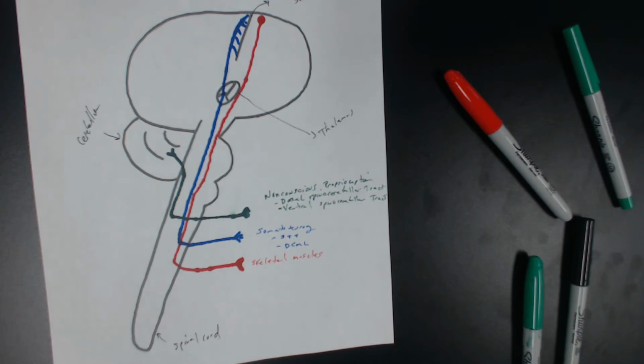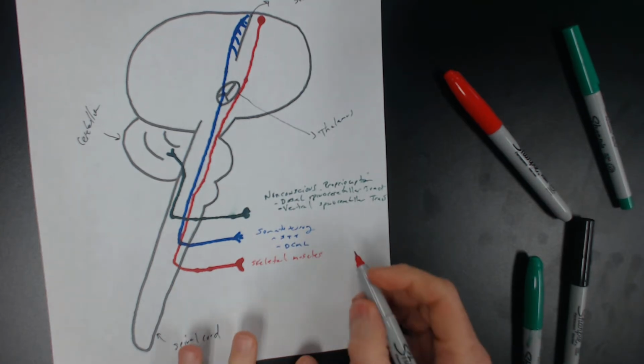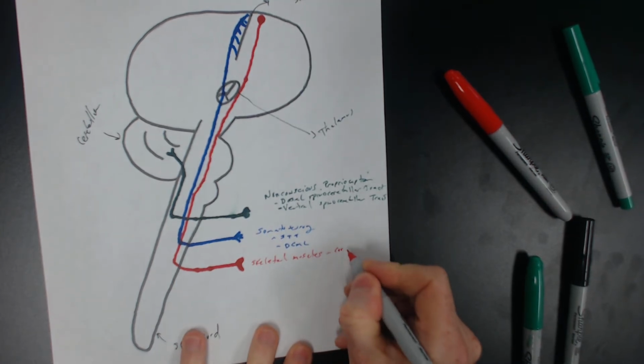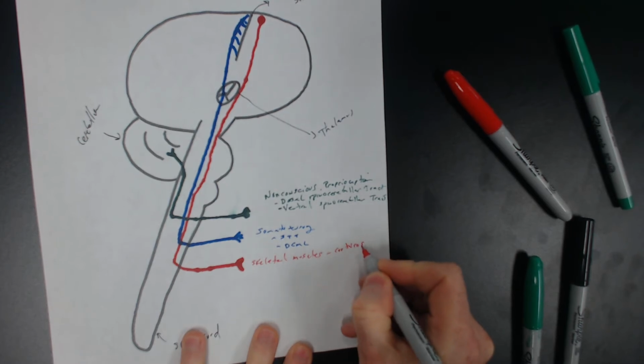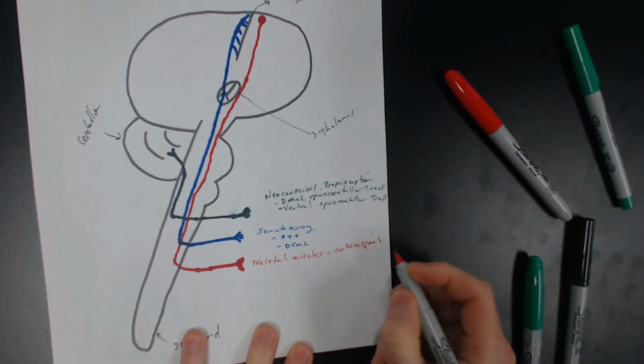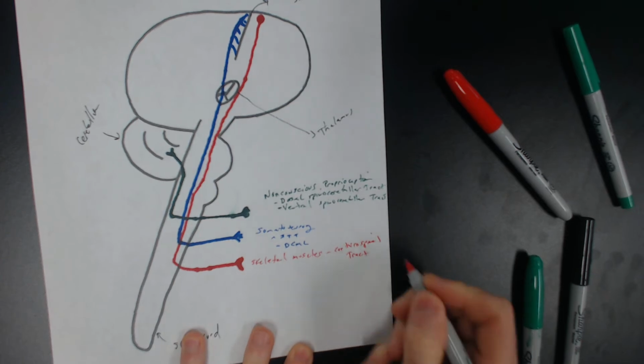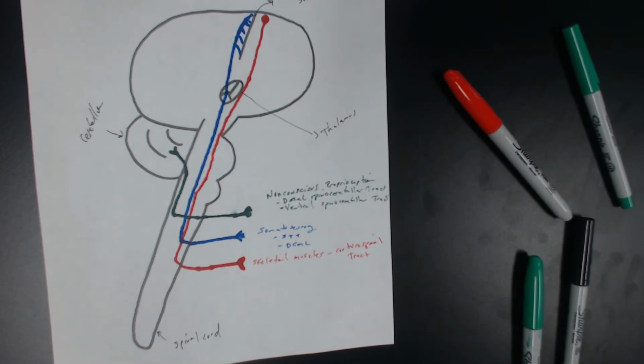I haven't broken it up yet, but I will in a minute. That main tract overall, coming down through the central nervous system, has a name, and that's your corticospinal tract. You remember that? Oh, good. That's your corticospinal tract.